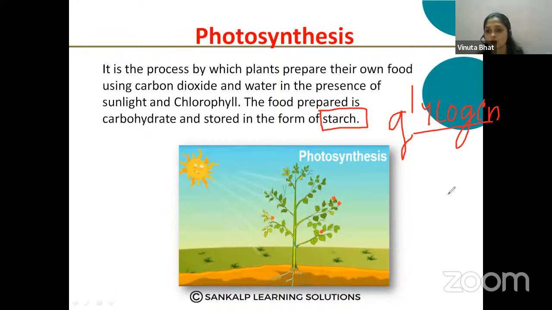Glycogen is stored in the human body, but in plants the carbohydrate is stored in the form of starch. So this is about photosynthesis.